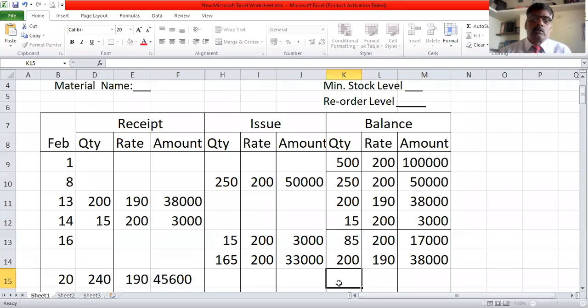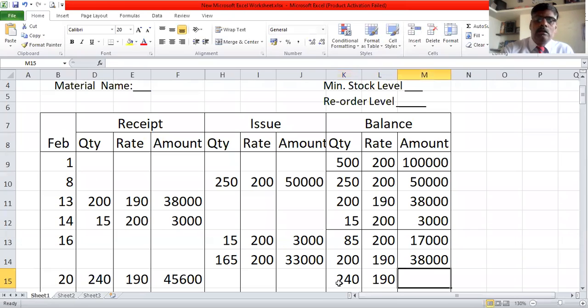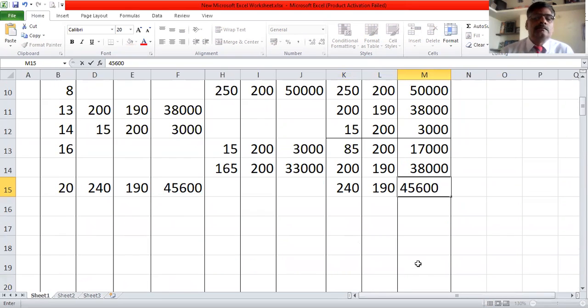Then take in the balance column 240 at the rate of 190. Amount is 45,600.